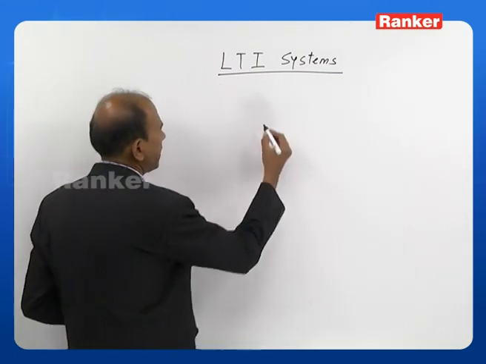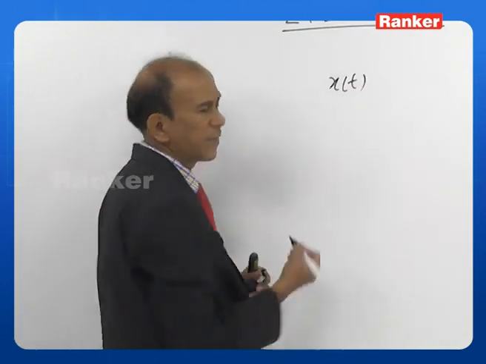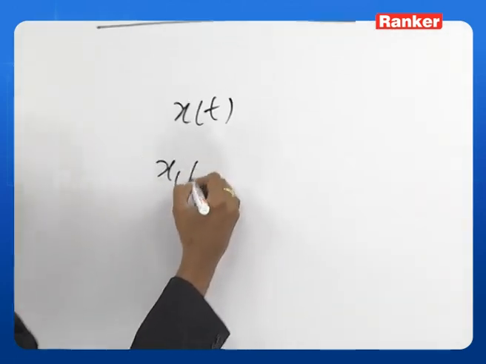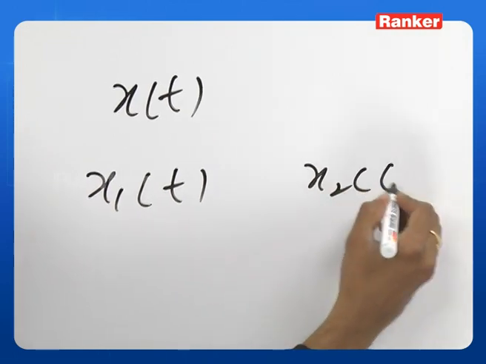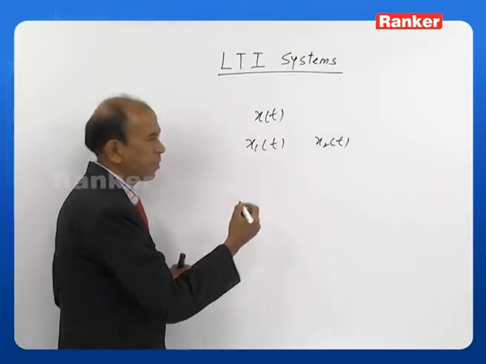Let us say we have x of t. There are two parts in this, x1 of t and x2 of t. Let us say the total response is that.